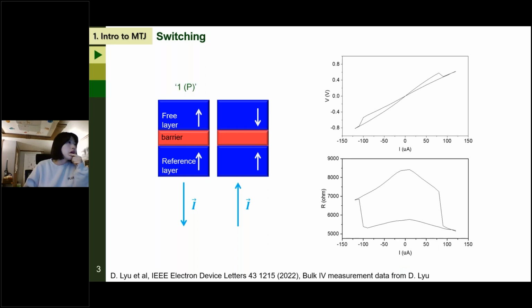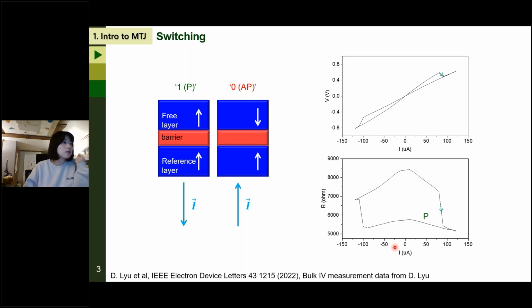First, when current flows from the free layer to the reference layer, the MTJ becomes parallel. And as I said, the parallel configuration has the lower resistance, which is shown in this RI curve. And when the current flows in the opposite direction, then the configuration becomes anti-parallel, and it becomes 0.